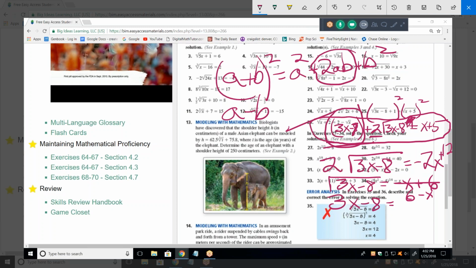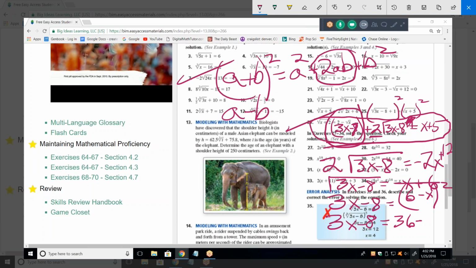Okay, so I've got 3x minus 8. Now square 6 minus x using this formula up here. So 6 squared, so that's 36. So 3x minus 8 equals 36 plus or minus 2x.